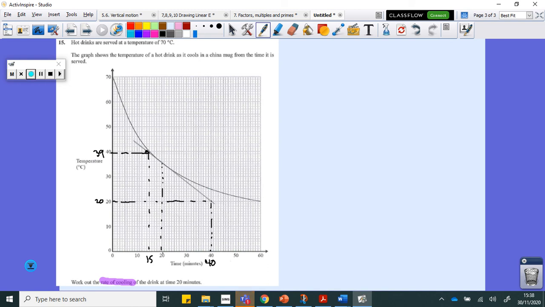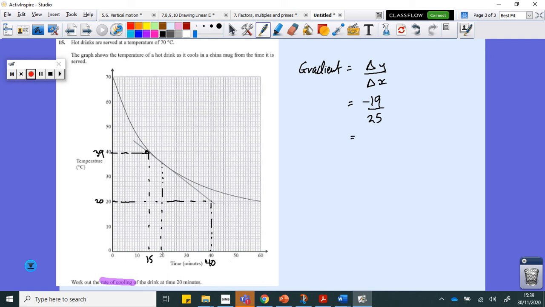So my gradient is the change in y over the change in x. I've got a drop of 19, just about where it meets. So it's negative 19 because I've gone from 39 to 20. And then my change is positive 25 because I've gone from 15 to 40.